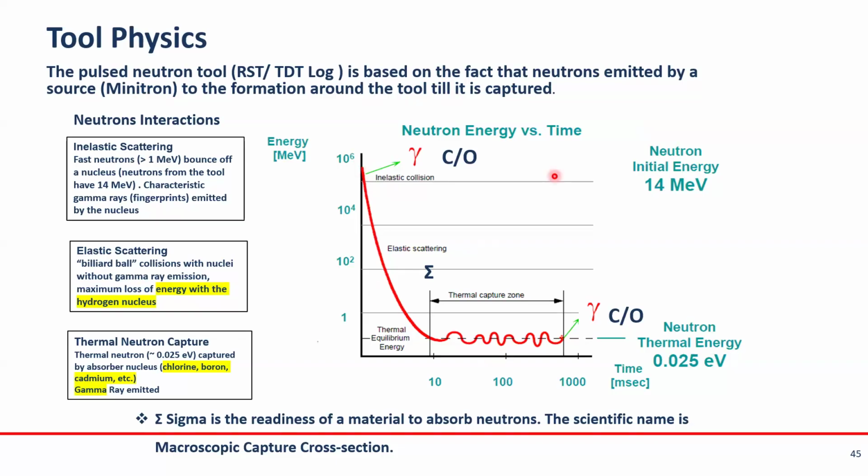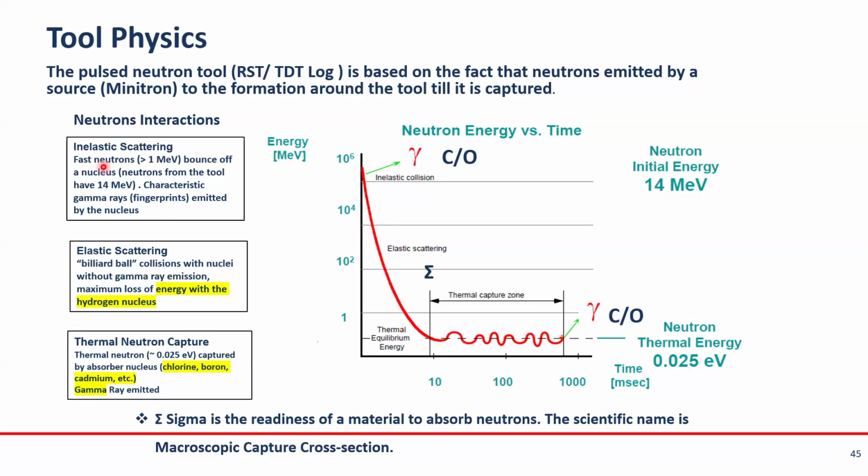The minitron neutron has an energy of 14 mega electron volts, starting with very high speed and inelastic collision. Inelastic collision means it hits the nucleus and releases gamma ray.